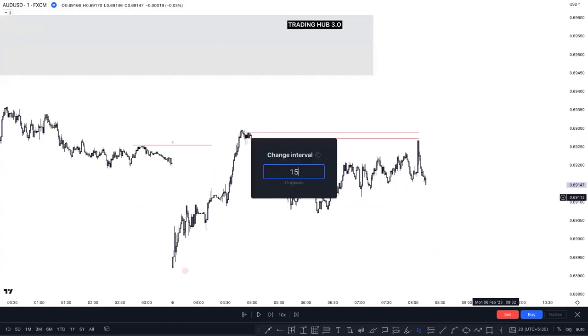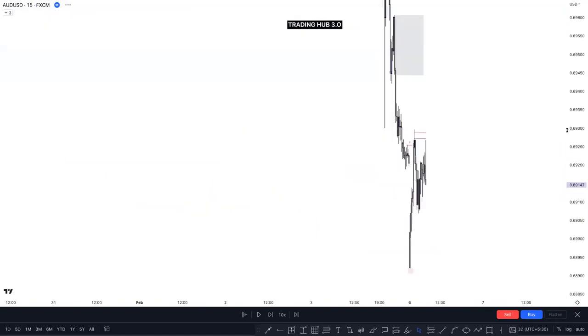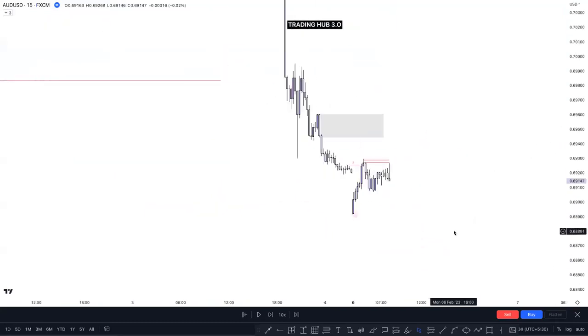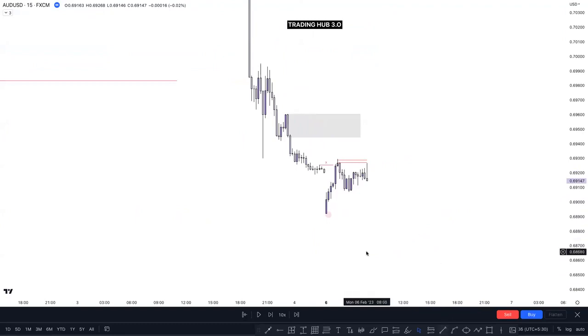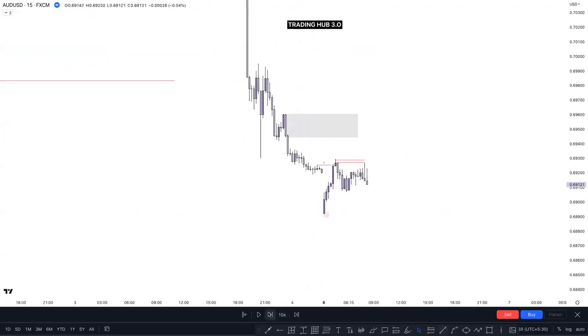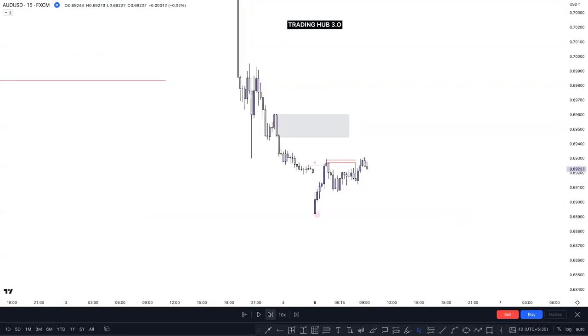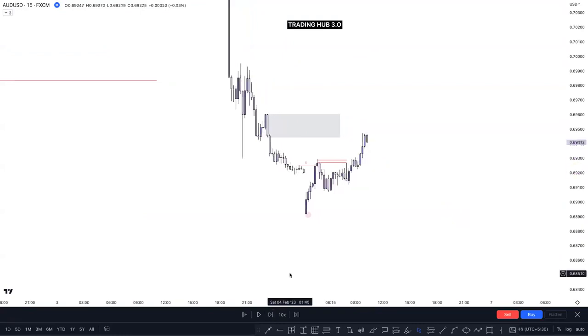Now switch again to the 15-minute time frame. Let's see, and you have to wait for it to mitigate your POI zone, right? So this one is your POI, right? Once the market taps your 15-minute POI, then you can sell here based on the 1 minute time frame, based on lower time frame confirmation.